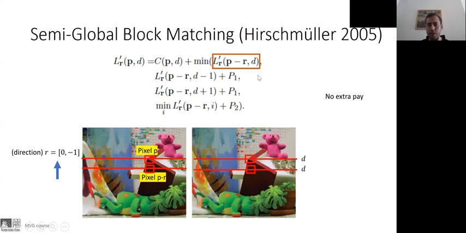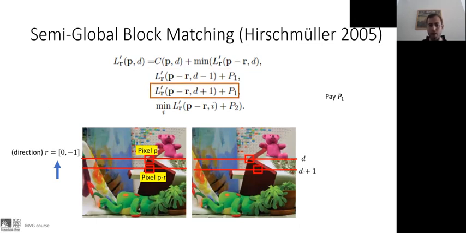I can either take the value for D and not pay extra because it's the same disparity, the same D. I can take D minus 1 or D plus 1 and pay P1.